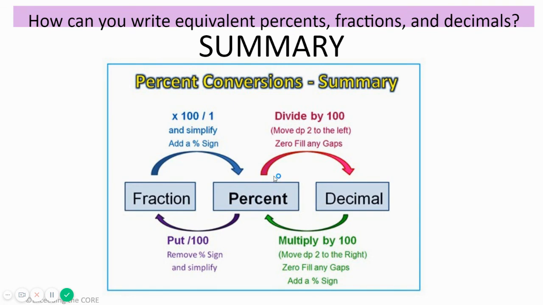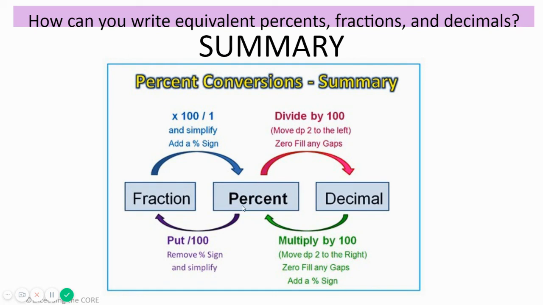If you have a percent going to a decimal, divide by 100 or move your decimal place 2 places to the left and fill in any gaps with zeros. If you're going from decimal to percent, multiply by 100 or move your decimal place 2 places to the right and fill in any gaps with zeros and add your percent sign.